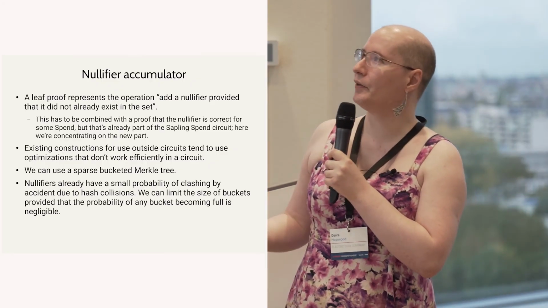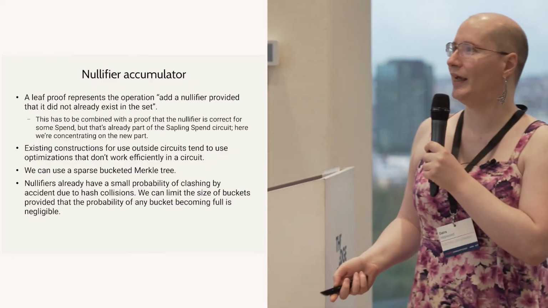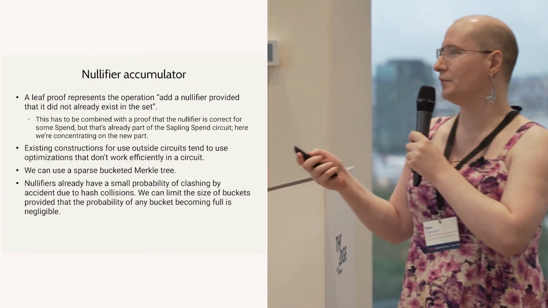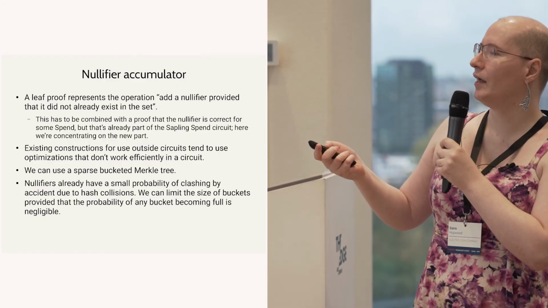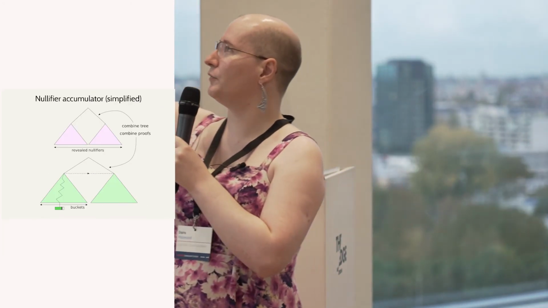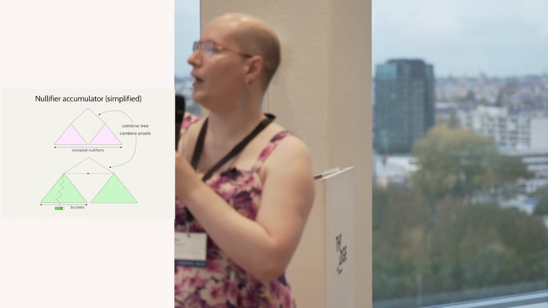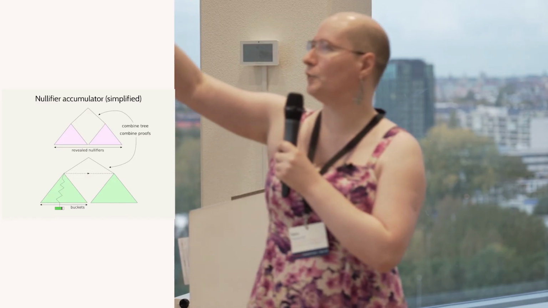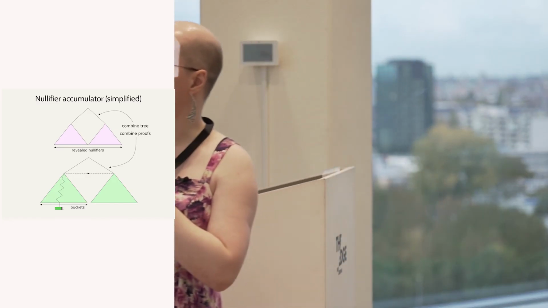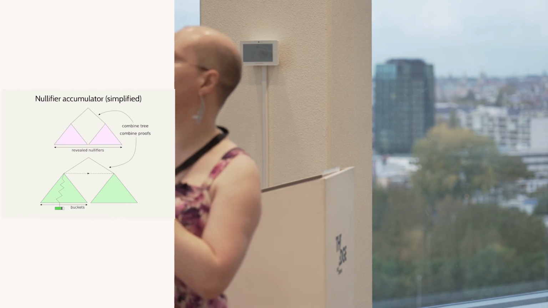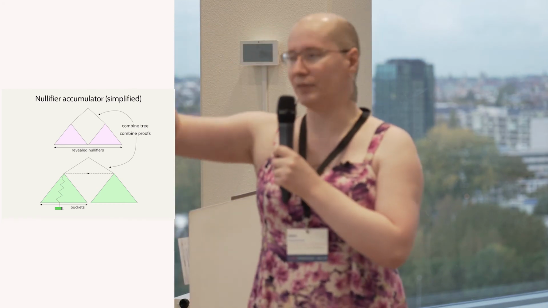The accumulator basically just has to do non-membership proofs, and you can combine a list of nullifiers and create an update of the accumulator, and also a proof that you added all of those nullifiers.